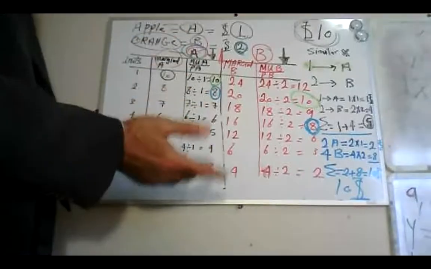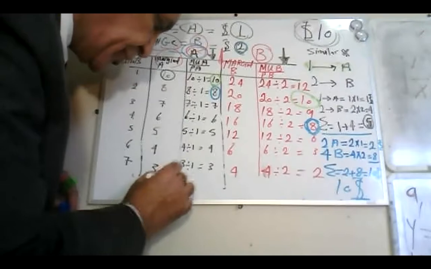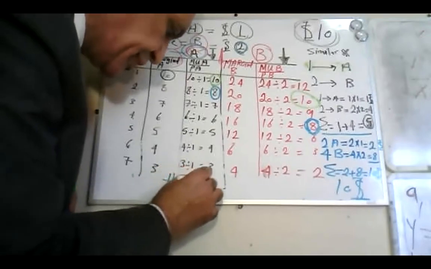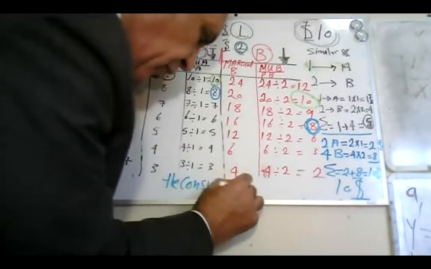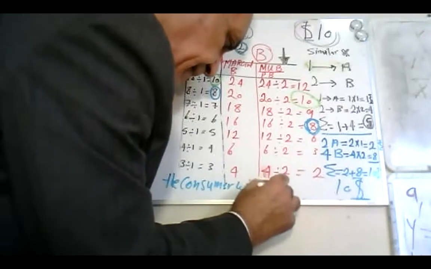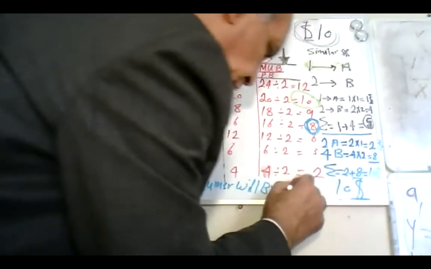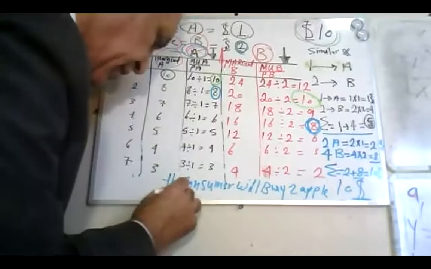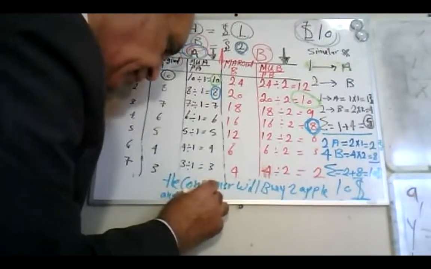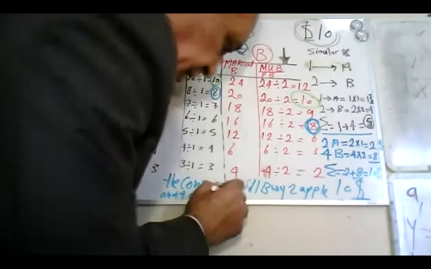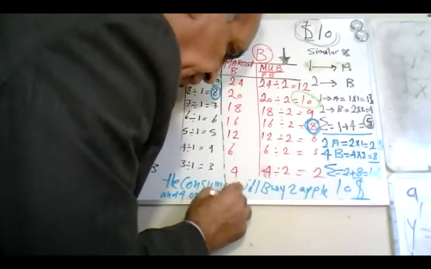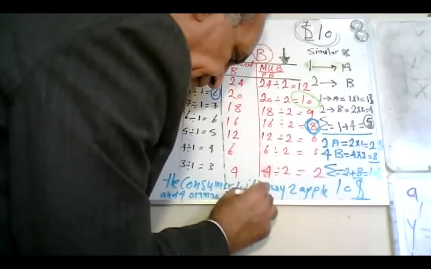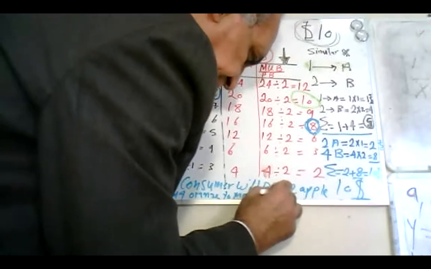Then I can say it like this. Let me write it down here. The consumer will buy 2 apples and 4 oranges to maximize utility.